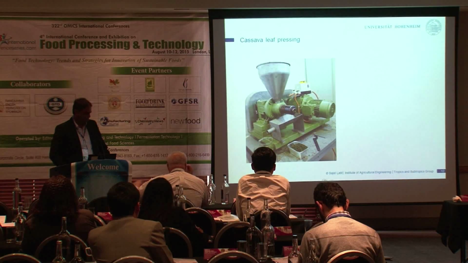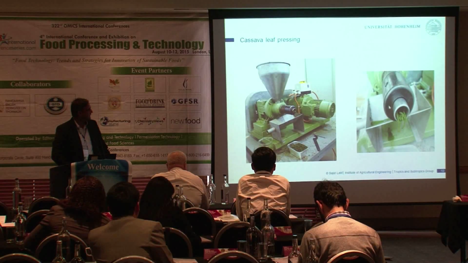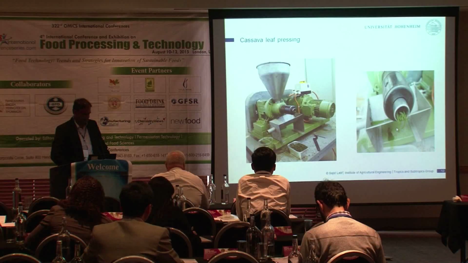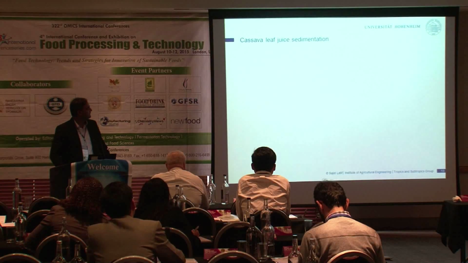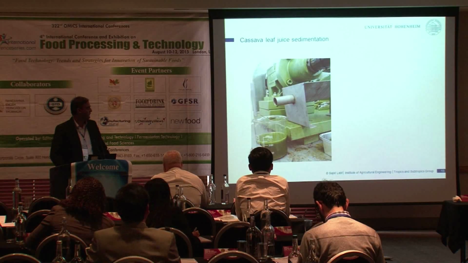So this is how we obtain the juice, cassava leaf juice, and the pellets with different nozzle sizes. We got very nice cassava leaves noodles. Of course, we are just at the beginning, and we have to evaluate the quality.